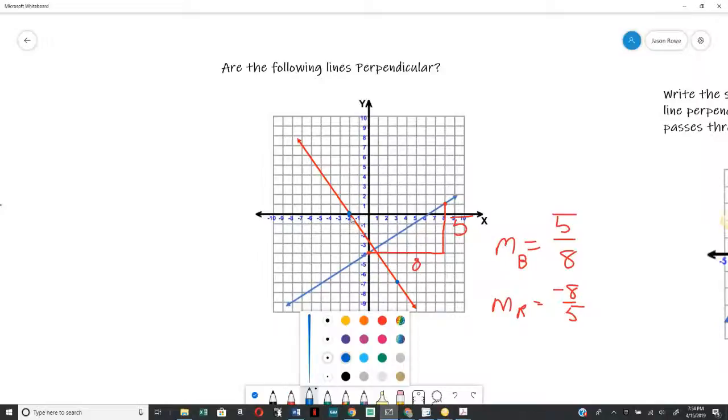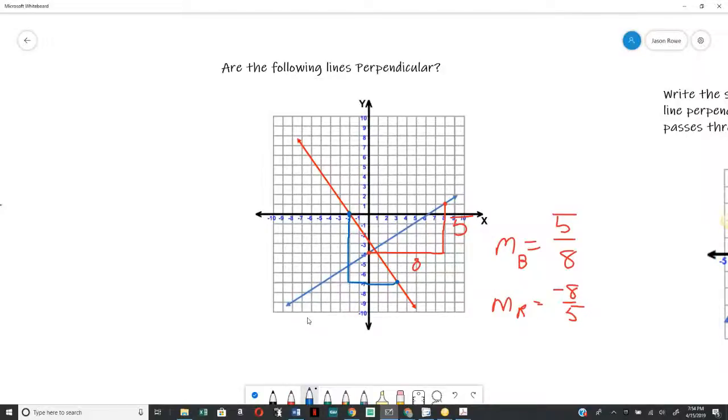I'm going to draw my right triangle, and then I'm going to count the rise and the run. We know it's a negative line, so the slope is going to be negative. The rise has to be 8 and the run has to be 5 in order for these to be perpendicular. So let's count: 1, 2, 3, 4, 5, 6, 7.